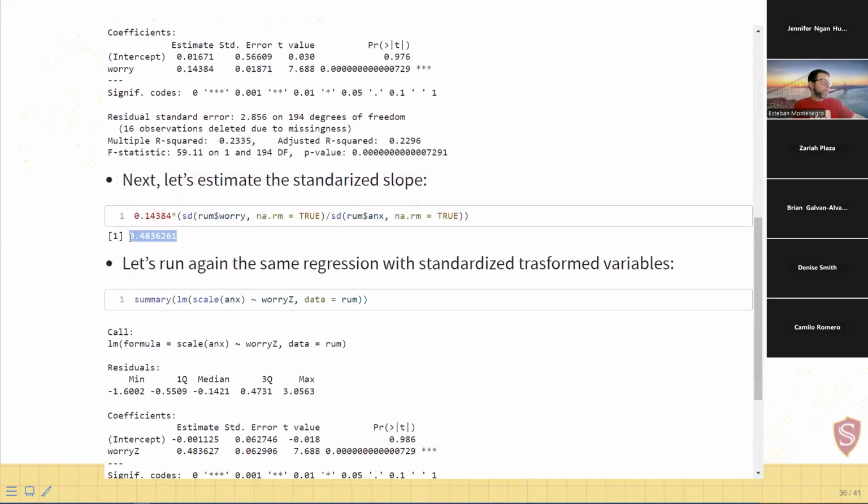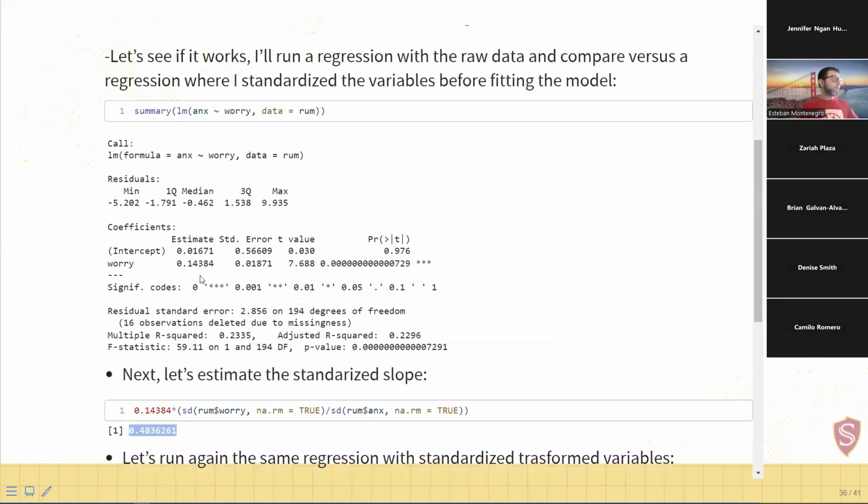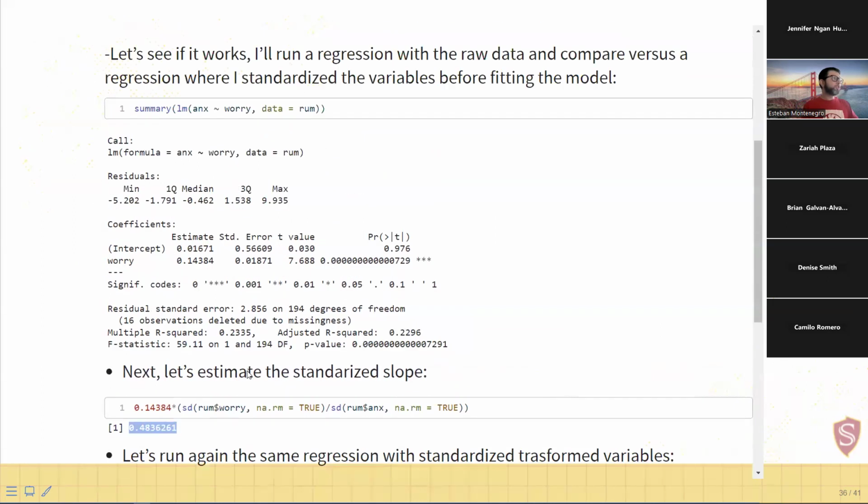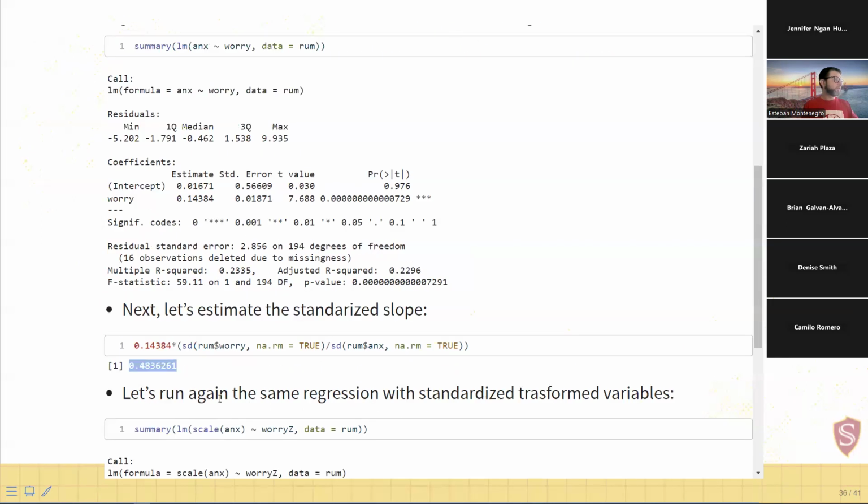And at the end, I get a standardized number. This number will go from -1 to 1, like a correlation. So what it's telling me is that the correlation between worry and anxiety is 0.48.